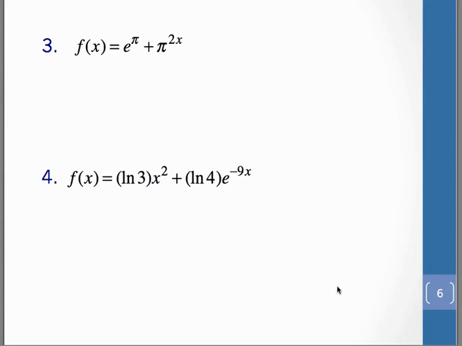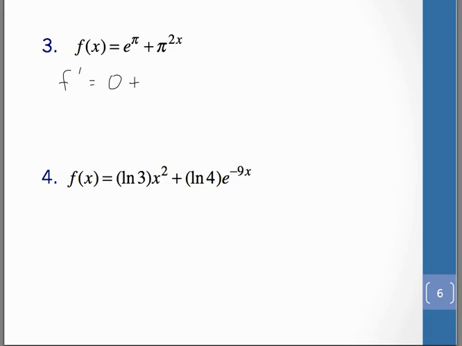Now in this one, remember that e and pi are both numbers. So when we go to take the derivative of e to the pi, that really is just a number. That derivative is going to be 0. The derivative of pi raised to the 2x, that's really the rule for a to the x, or a to the u, because it would be a chain rule problem. Pi, of course, is a positive real number.